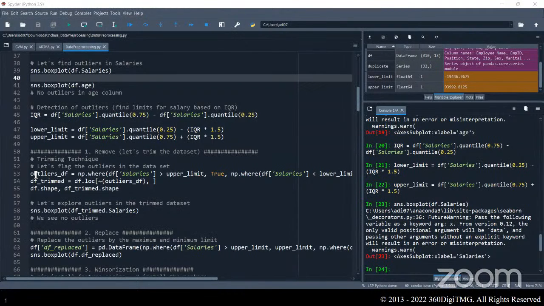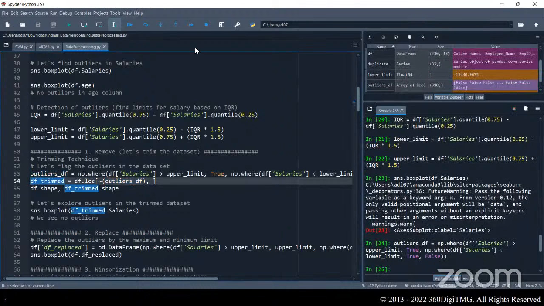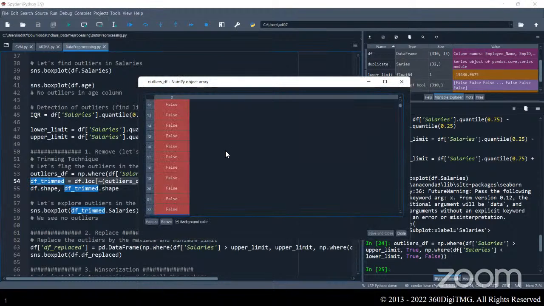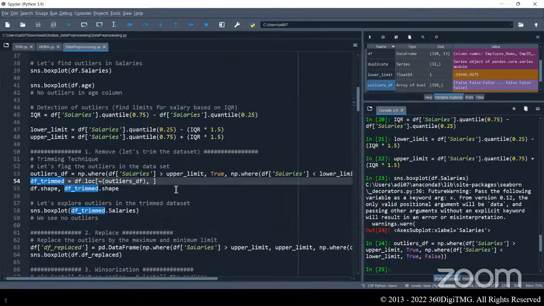So first we'll remove the outliers. Here we see the data frame is of size 310. This shows where the outliers are. Here we have one outlier, second outlier, third outlier, fourth outlier, and that's it.